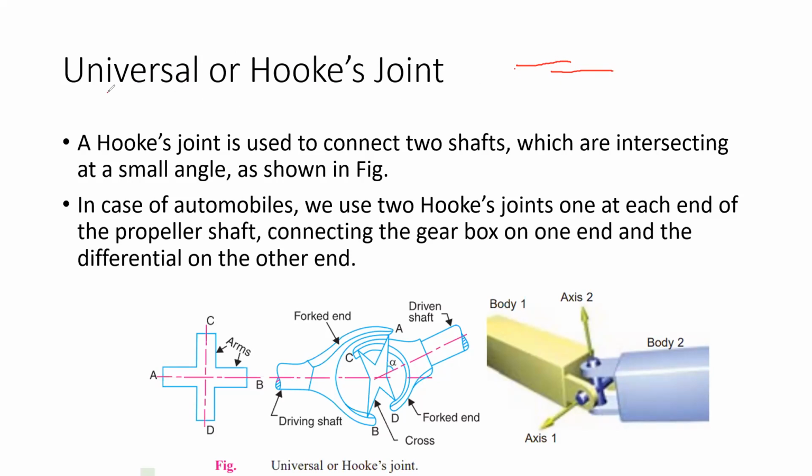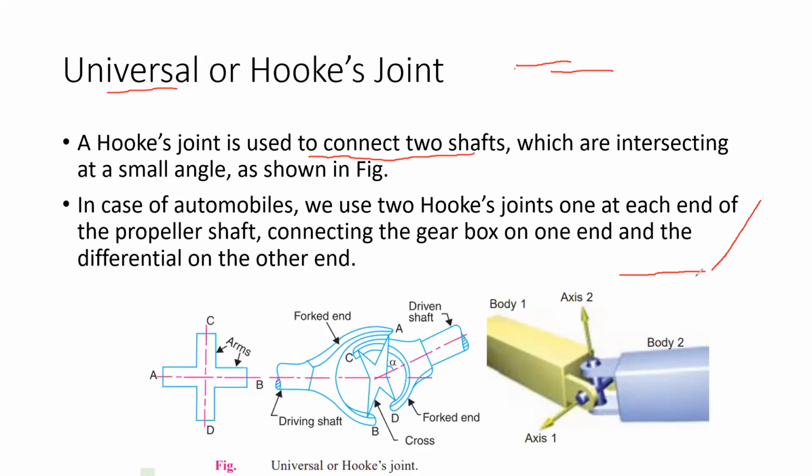The universal coupling is also known as Hooke's joint, as it was invented by Robert Hooke; it was named after that scientist. It is used to connect two shafts which are intersecting at a small angle, as shown in the figure. Suppose this is the axis of one shaft and this is the axis of another shaft.